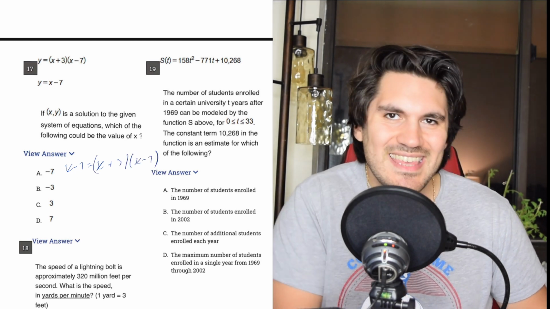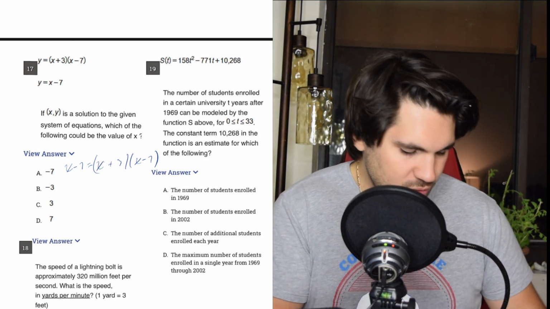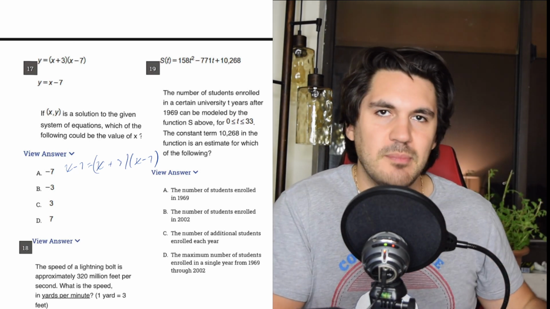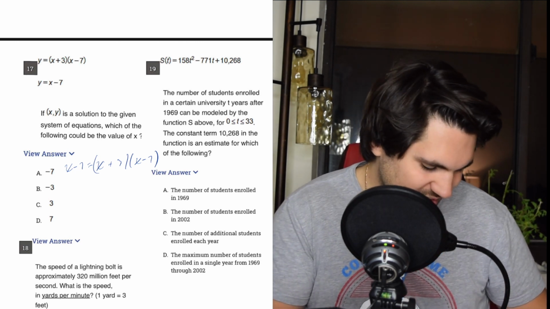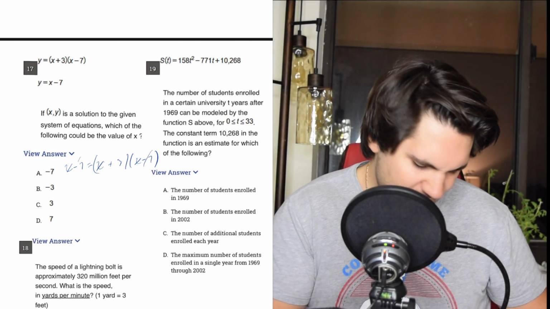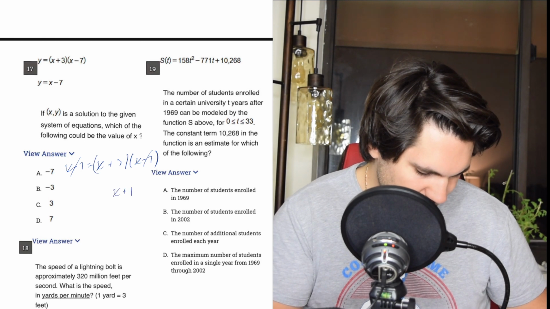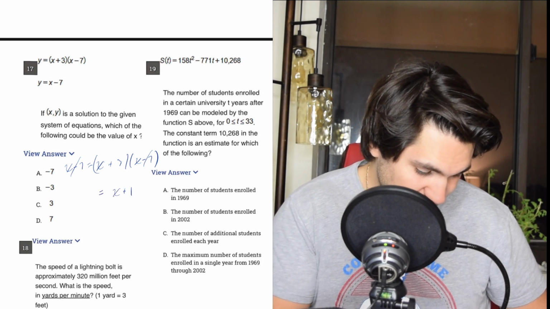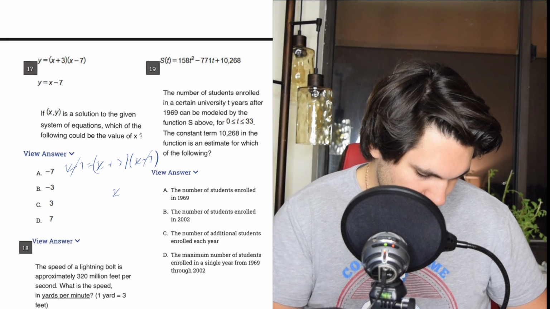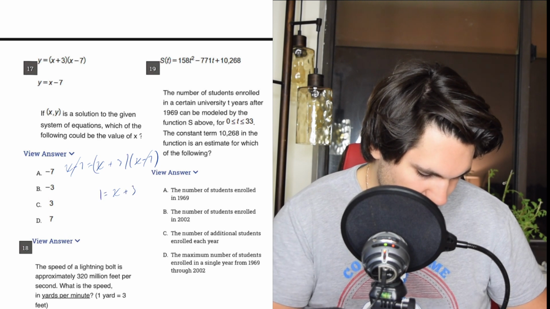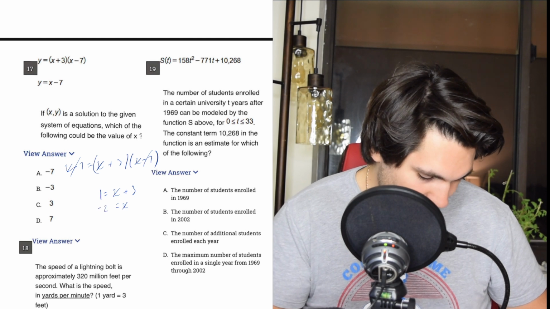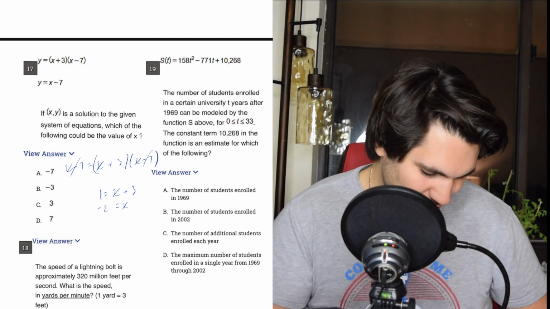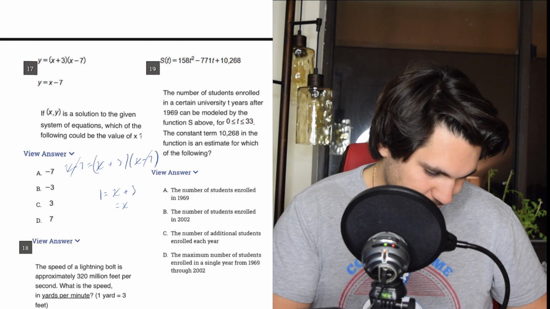So looking at this, what I might quickly try to do in my head is, if there's an X minus 7 on both sides, if we just divide both sides by X minus 7, we would get X plus 3 is equal to 1. So X would be equal to negative 2. However, that's not one of our answer choices, unfortunately. So we're not gonna do that.